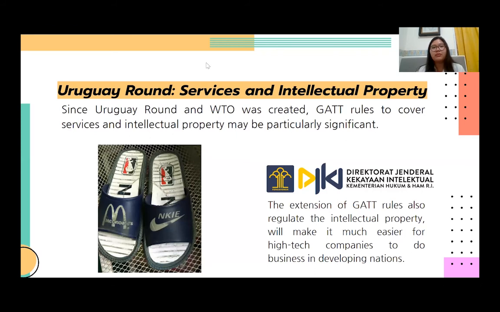Indonesia nowadays already has a law to protect intellectual property, called hak kekayaan intelektual. But the application and enforcement are still poorly regulated. So GATT rules also help international firms to protect their intellectual property in Indonesia.